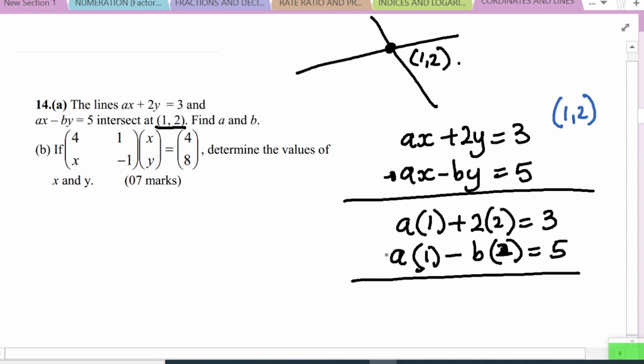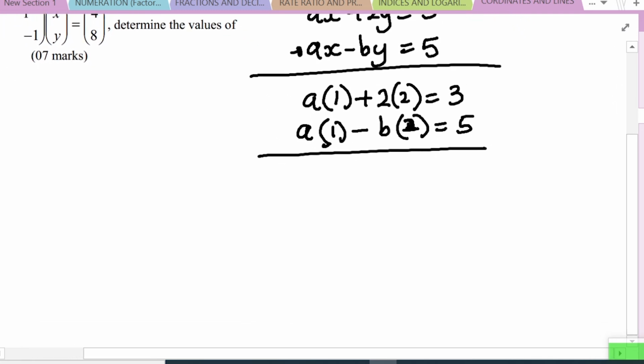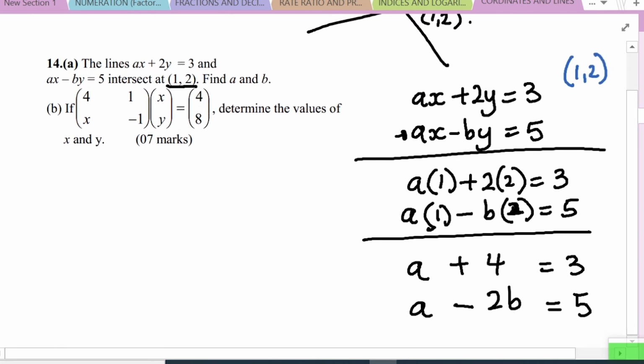Okay, so now let's proceed. Here we have a times 1 is a, plus 2 times 2, which is 4, is equal to 3. Then down here we have a - 2b is going to be 5. So from here you can see we have two equations, right?